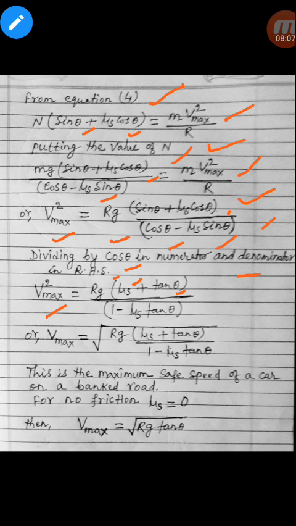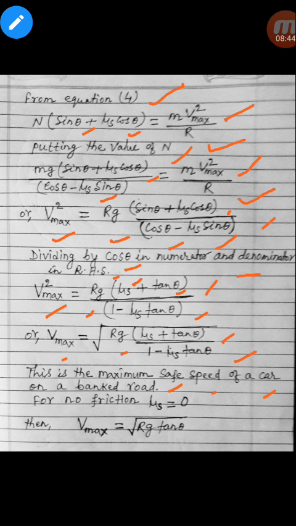So v max square equals rg into mu s plus tan theta by 1 minus mu s tan theta, or v max equals the square root of rg into mu s plus tan theta by 1 minus mu s tan theta. This is the maximum safe speed of a car on a banked road.